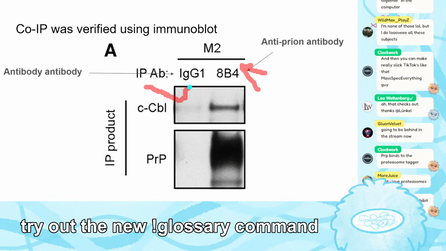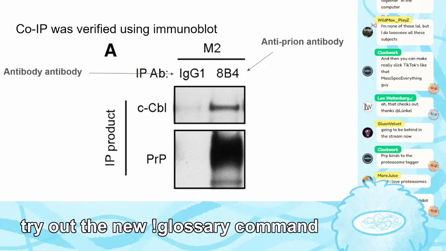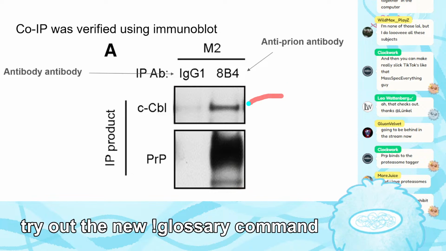And here you have the IgG1, which is an antibody that's not expected to bind CBL, so it is our control. And we have our IP product down here. Up here, we have the blot for the protein destroyer, and down here, we have the blot for the prion protein. Again, it's so hard to draw with a mouse.